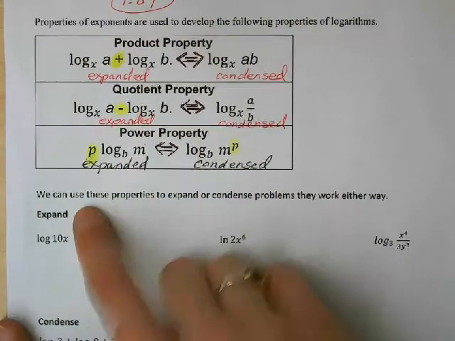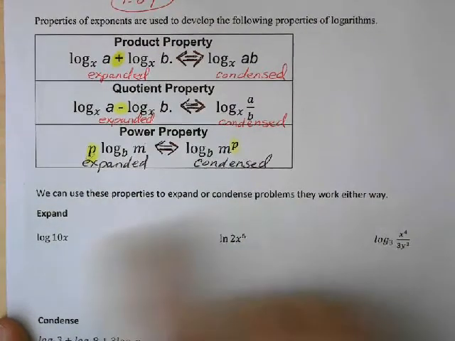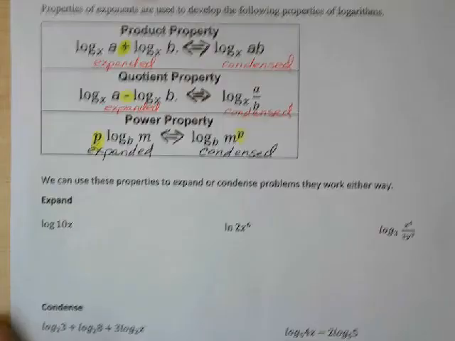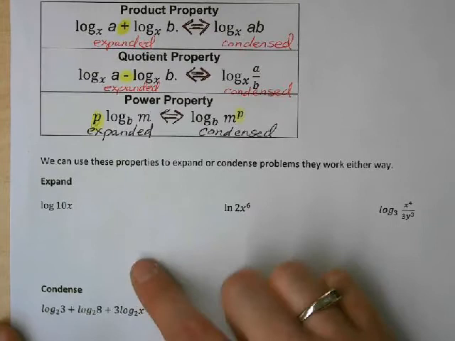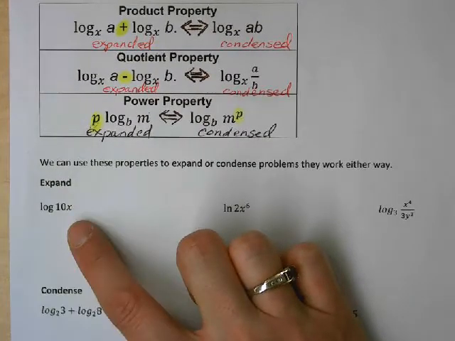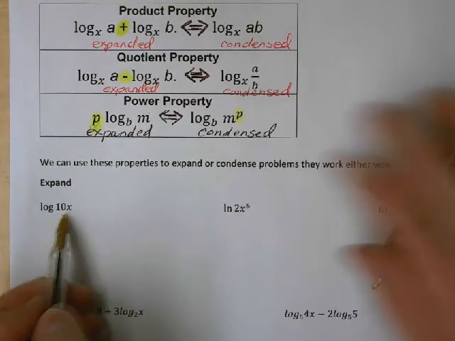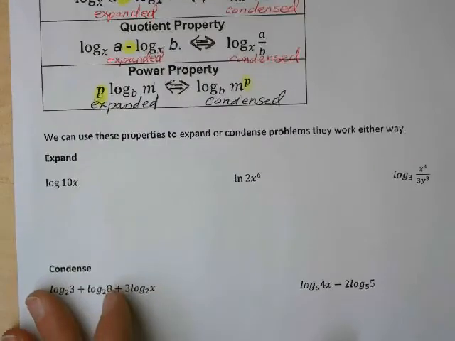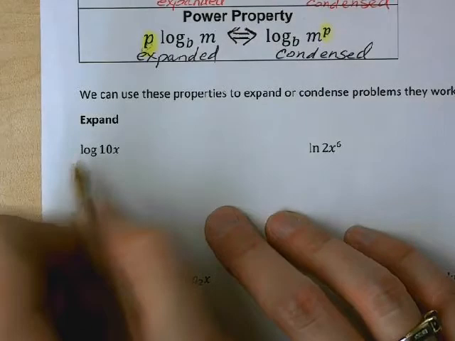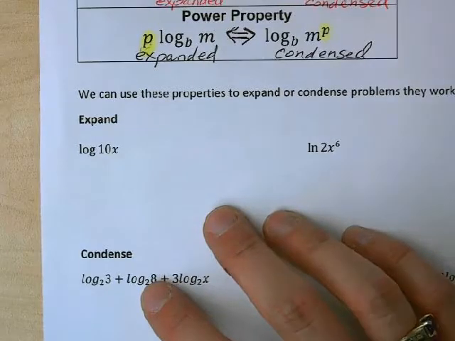Okay, so you can use the properties up above to do these expanding or condensing problems, and they work either way, like we were saying. The problem right here says log 10x. I'll try to write it step by step.